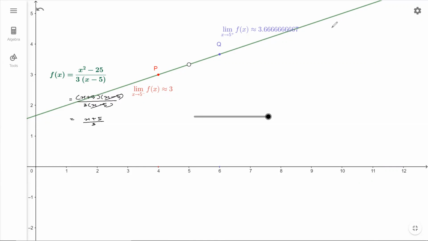Now, however, on this straight line, when you see this white dot, that means this is not a continuous graph. That means there is a place here whereby the line is disconnected. They are not connected to each other. Why is it so?